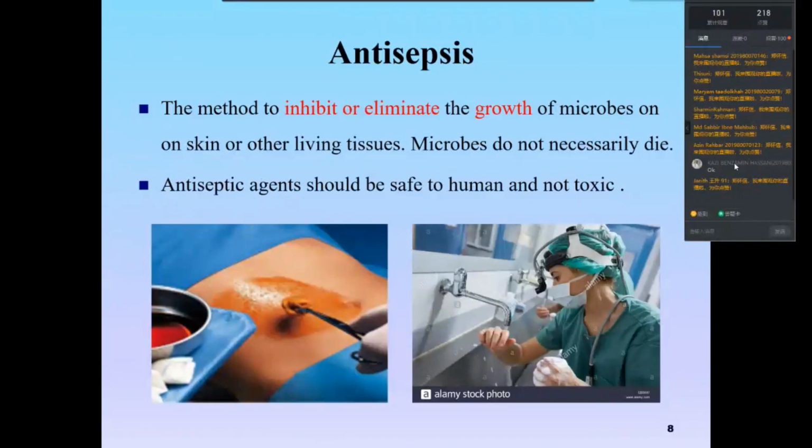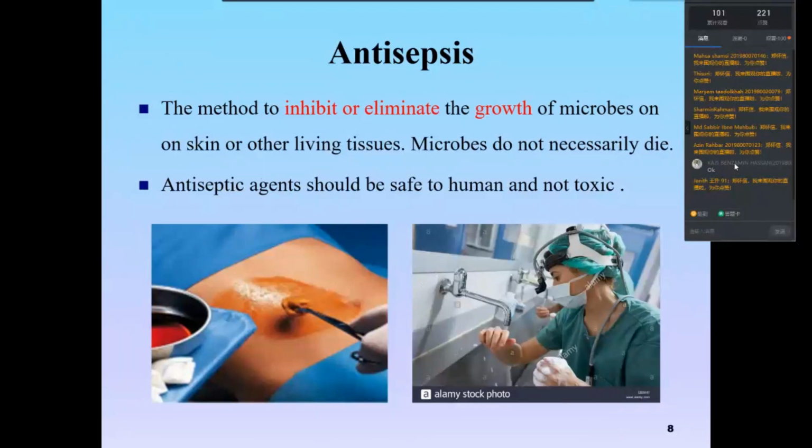Okay, another term we need to keep in mind is antisepsis. Antisepsis is the method to inhibit or eliminate the growth of microbes on either the skin or other living tissues. For example, before you give a surgery to your patient, you want to clean the skin. You want to treat the skin with some chemical, and this method is to keep the asepsis condition, or antisepsis method.